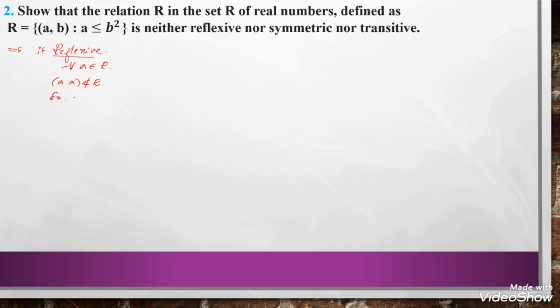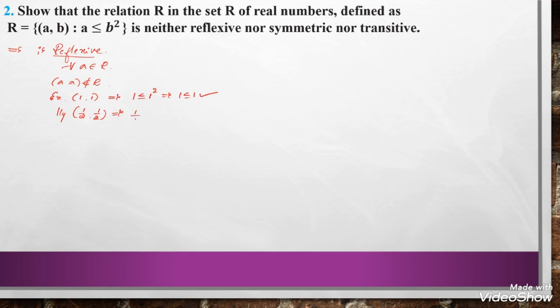Example (1, 1). The relation says 1 ≤ 1², and yes, 1 ≤ 1 is true. But similarly, consider (1/2, 1/2).